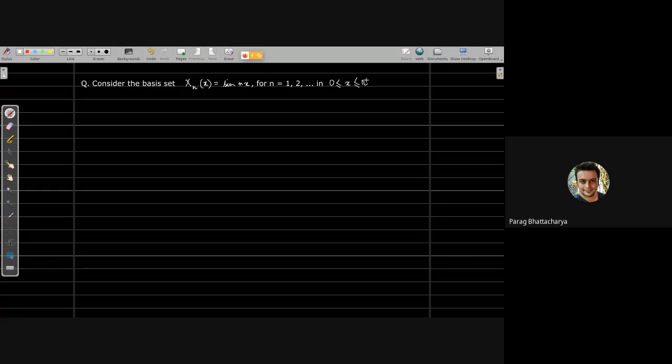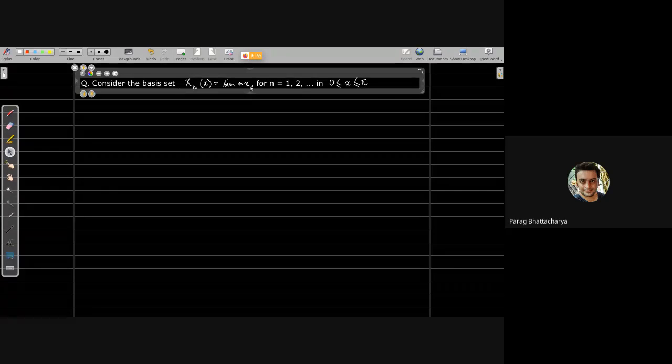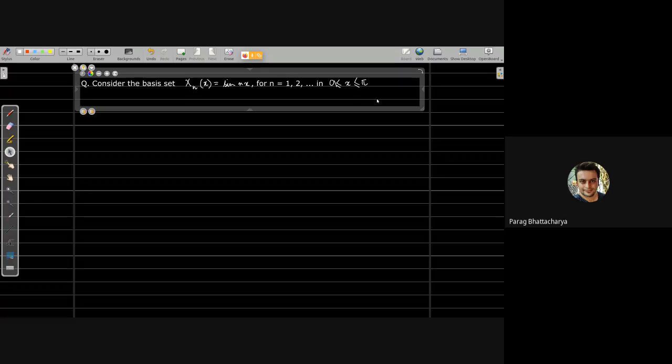pi. Of course, if we want it to be a Hilbert space, then we need to define a scalar product.